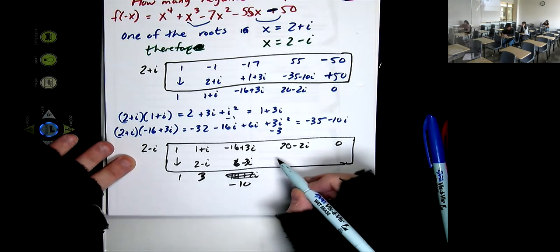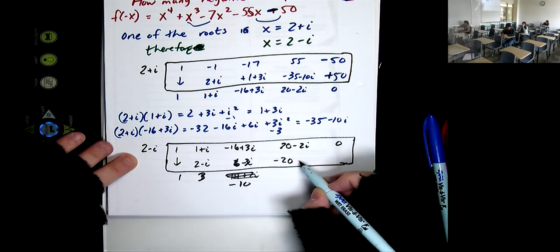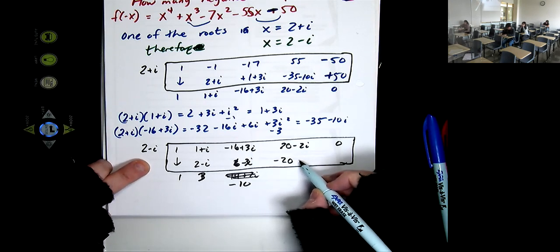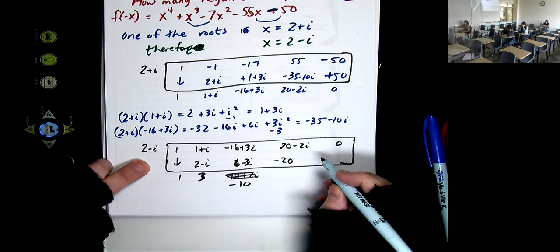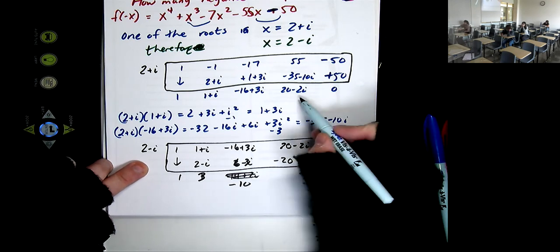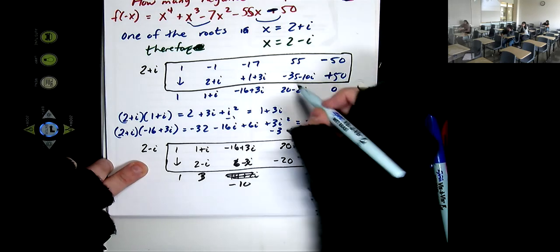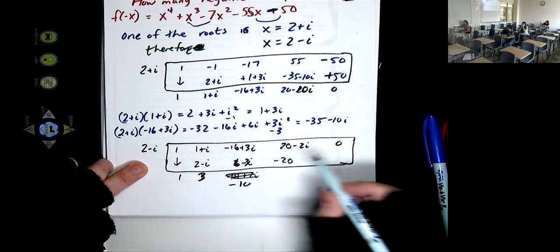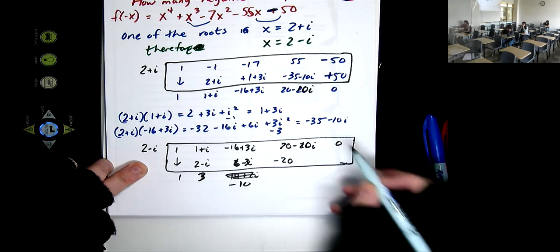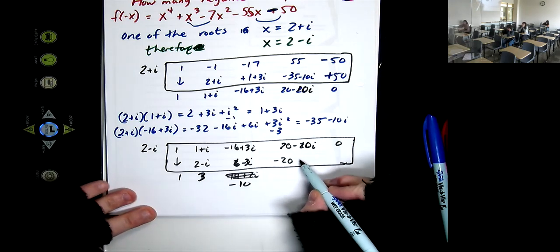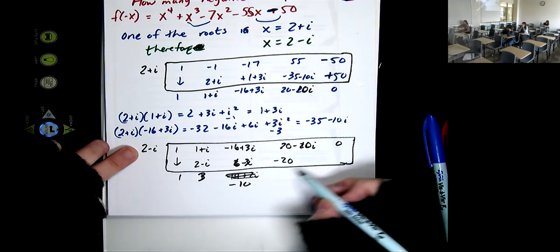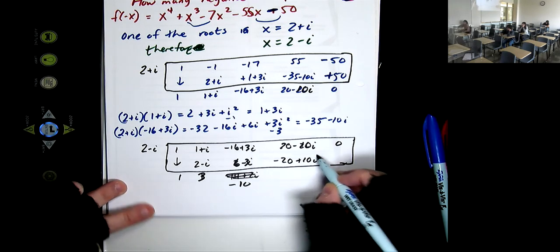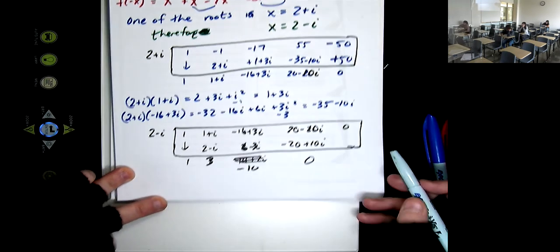Negative 10 times 2 is negative 20. Negative 10 times negative i. Why do I have negative 2i there? I should say negative 10i. Negative i times negative 10 is plus 10i. That adds up to 0.